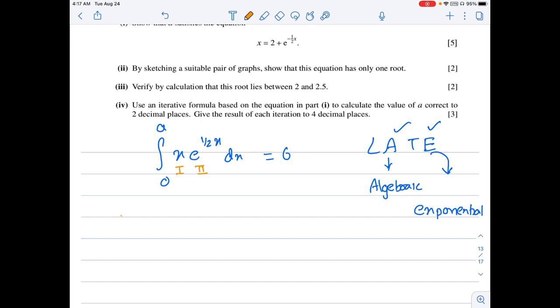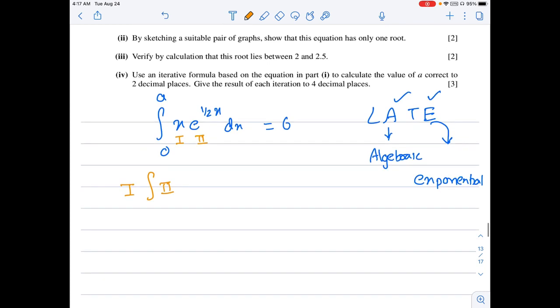So the formula will be very simple. First function, integral of second function. So first function is x, integral of e power 1 upon 2x is e power 1 upon 2x upon 1 upon 2. Then every time it is minus, minus integral of the derivative of the first function. What is the derivative of the first function? The first function is x, so it is 1, times the integral of the second function.